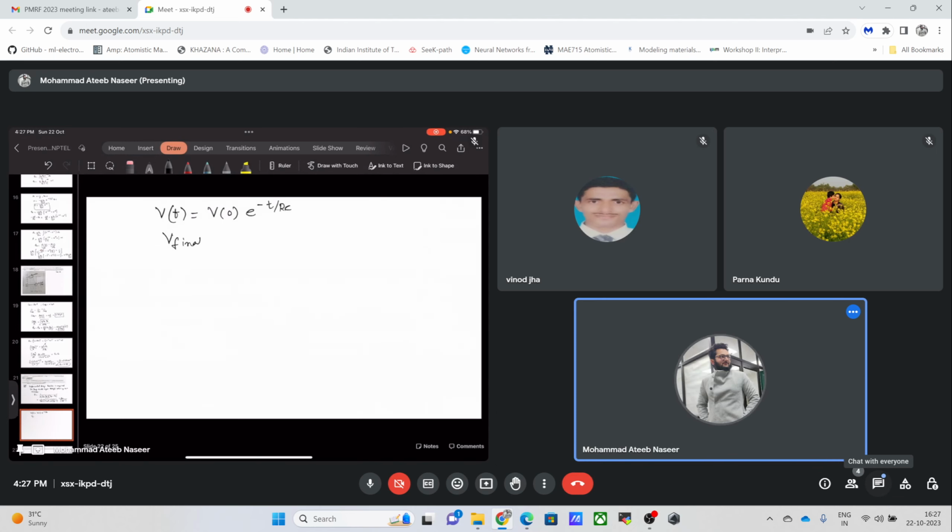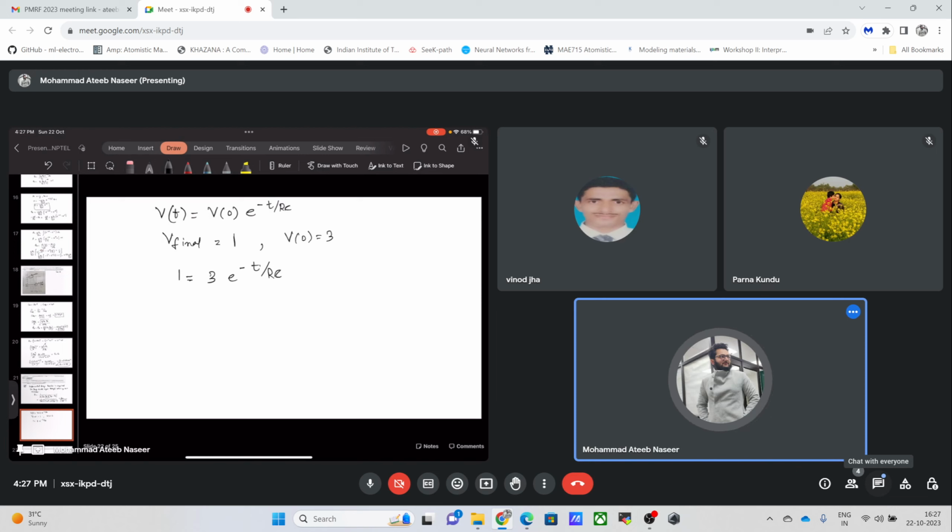So 1 is equal to 3 times e to the power of minus t by RC. Let's keep the RC value as it is.